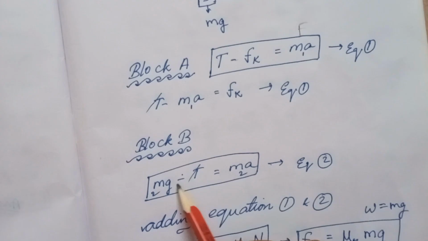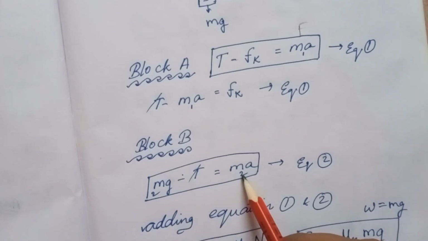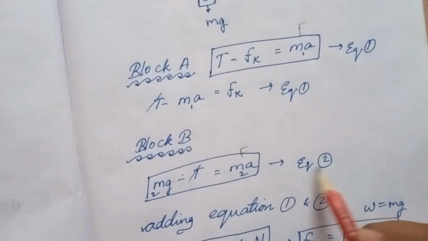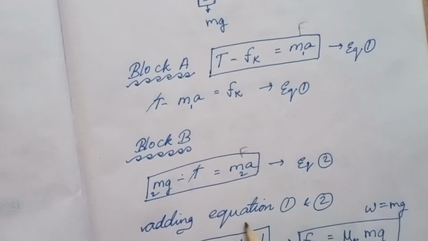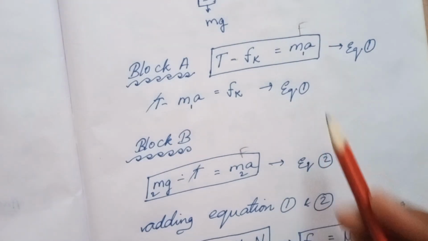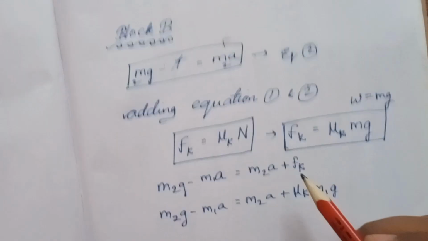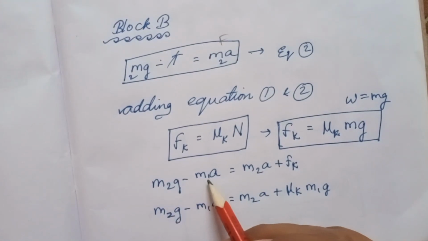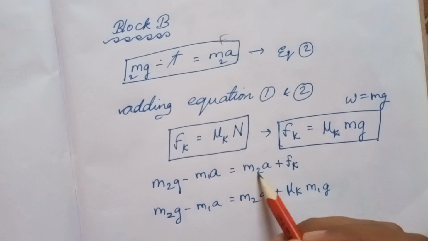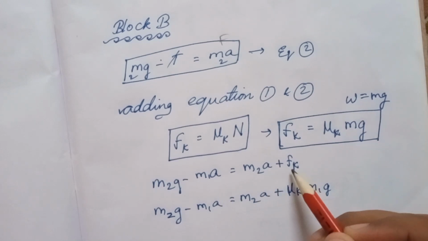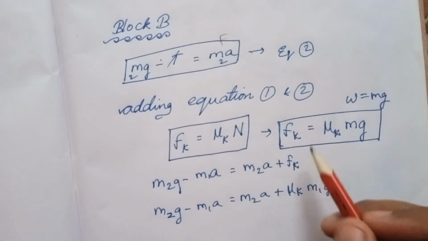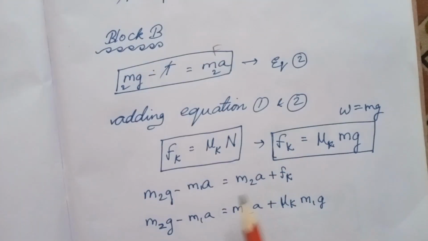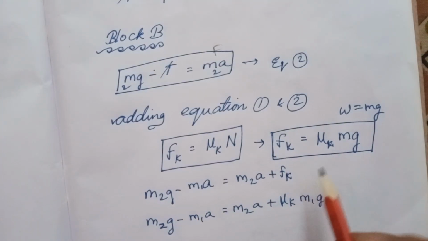So m2g minus T is equal to m2a. This is force. So this is equation 2. Adding equations 1 and 2, we get m2g minus m1a is equal to m2a plus kinetic friction. We cancel both the T's and obtain this equation.